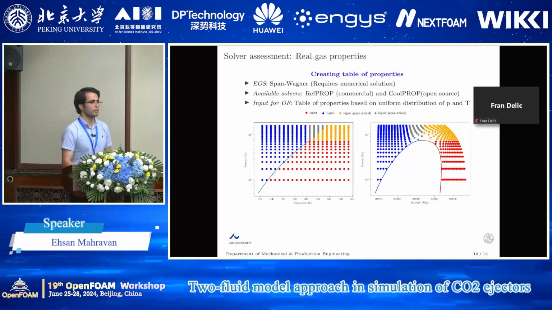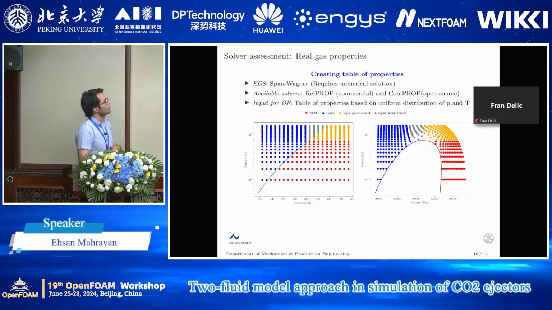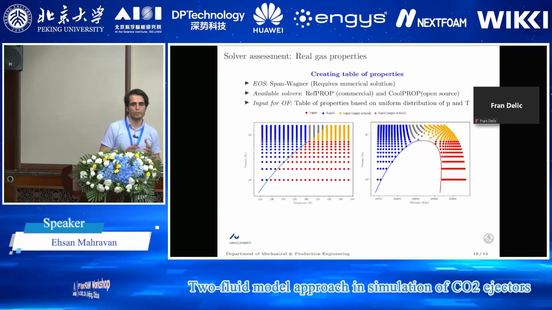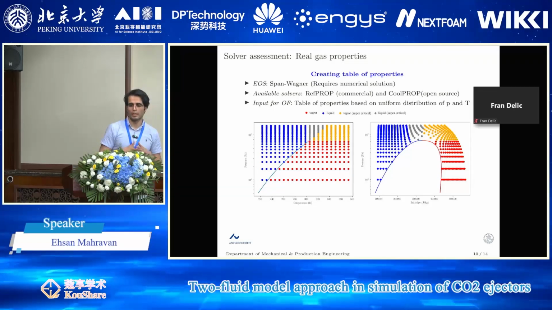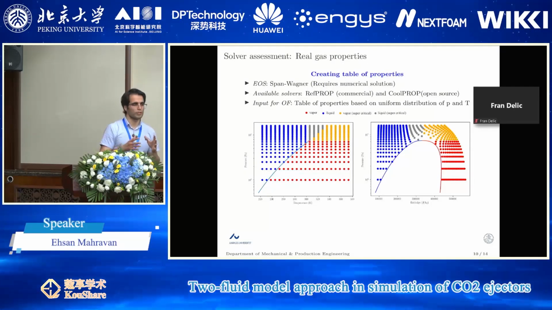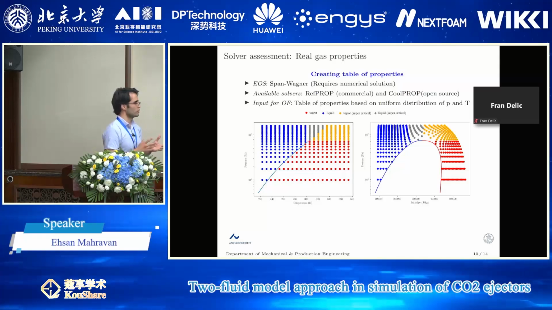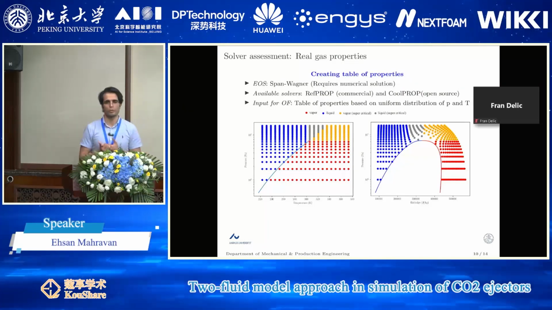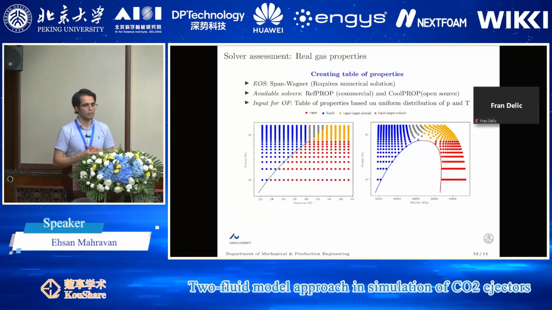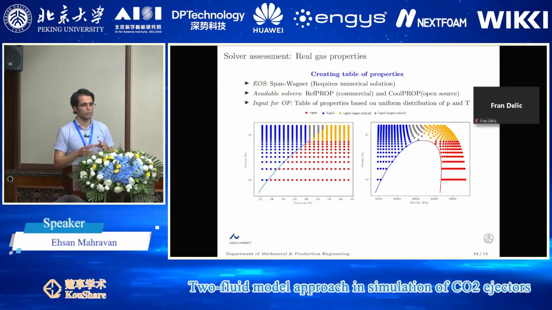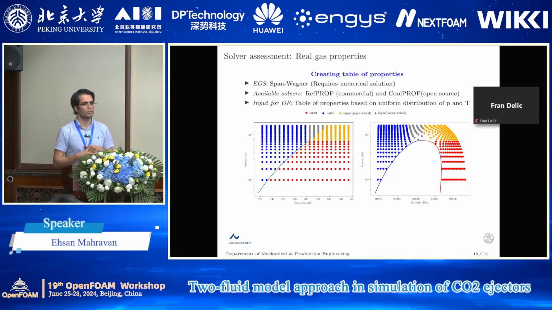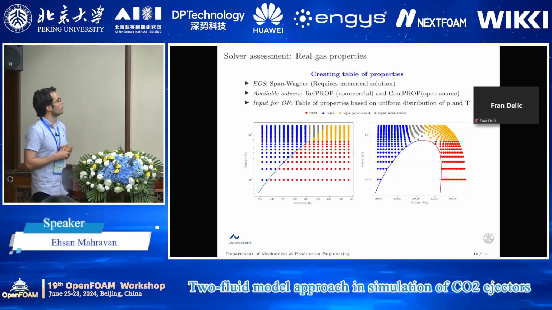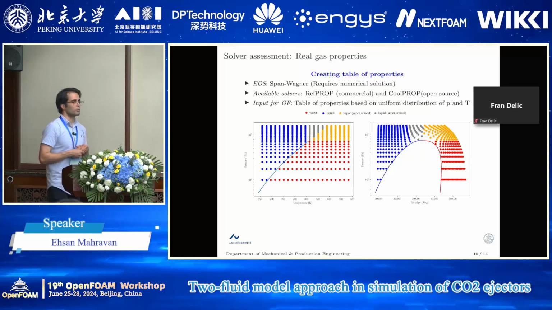And then the main challenge, which is equation of state, finding the properties, because CO2 is not like water or air. The equation of state is not straightforward. It is governed by Span-Wagner. It is the most accurate equation of state out there, but it requires a numerical solution, and it's computationally expensive.